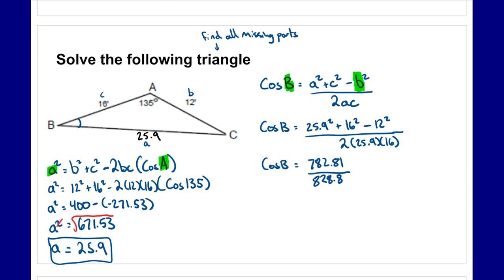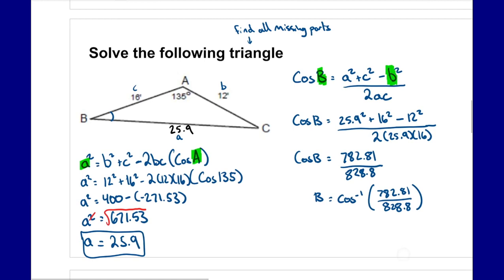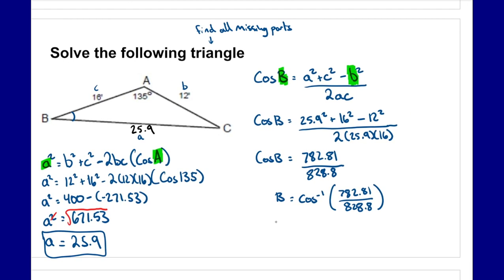Now, this is very similar to our cosine ratio. When we're solving for an angle, and we saw this with the sine law, anytime we're solving for an angle, we have to do the inverse function. So inverse of cosine, or cos -1, of that fraction, 782.1 divided by 828.8. Again, if you really want to, you can figure out what that decimal is first. I'm avoiding rounding right now, just to make it a little bit more accurate.